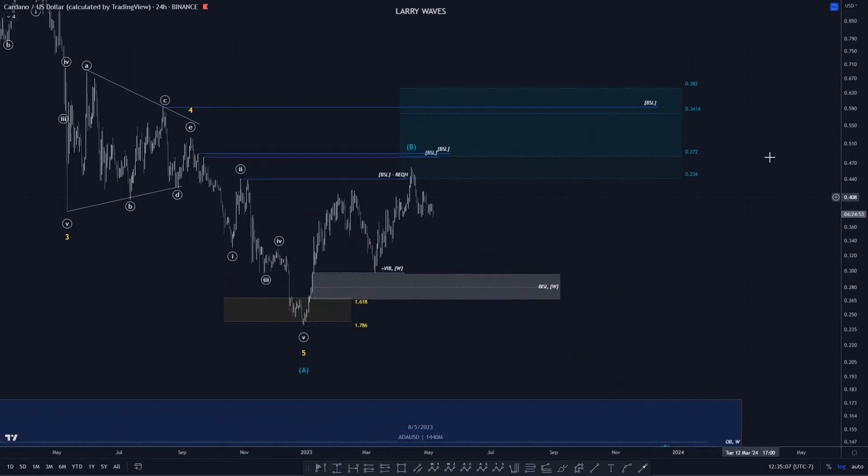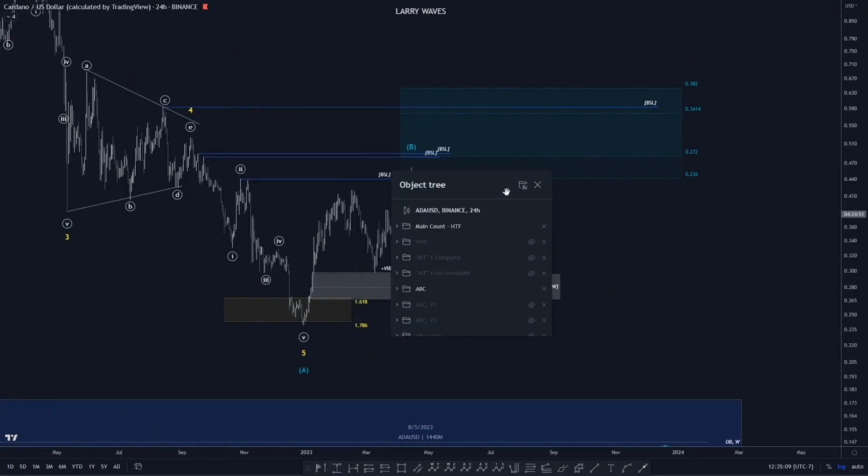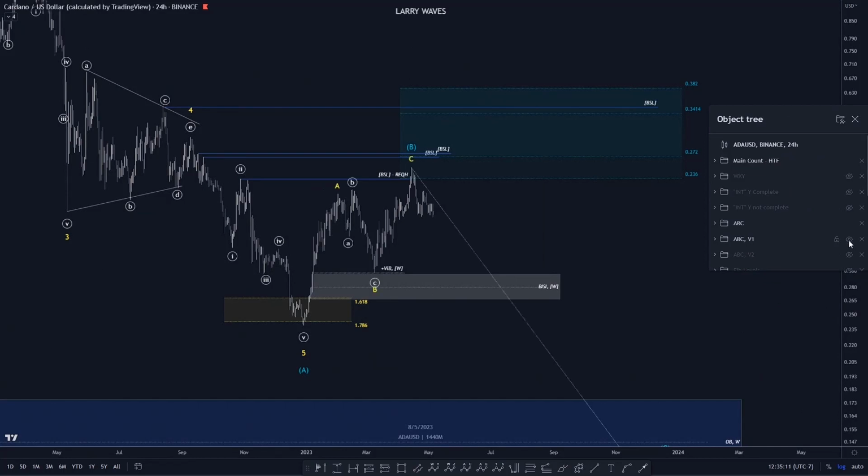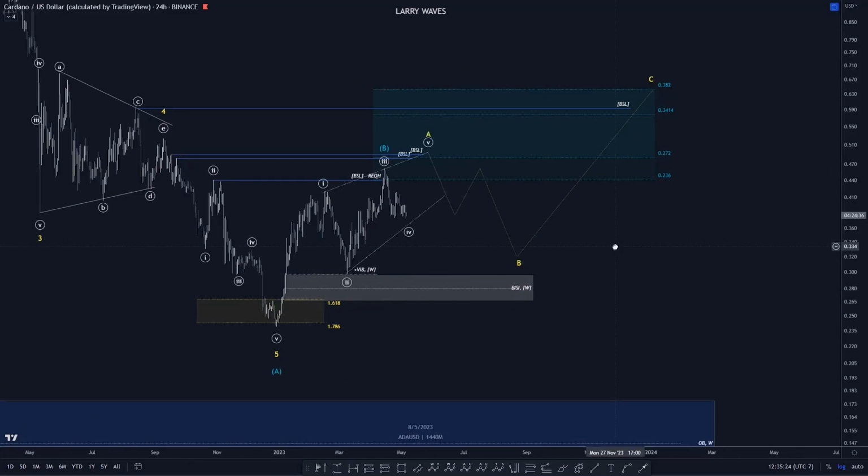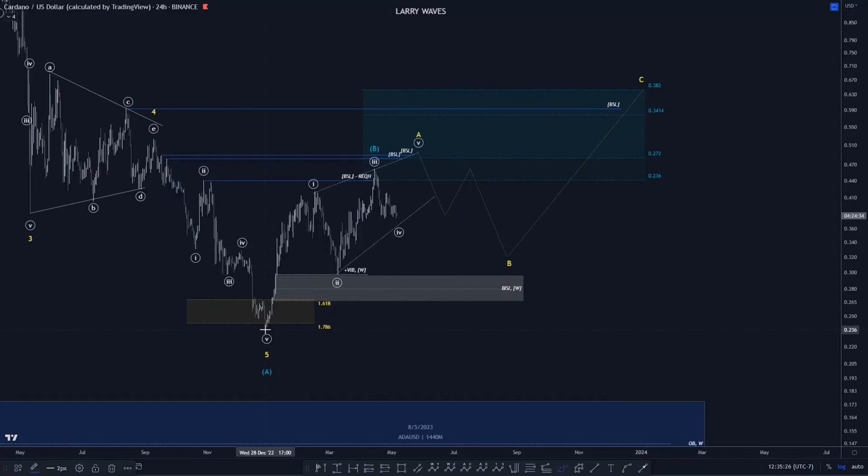Whether this B wave is done or not done, there's two options. Like I said, it could be done as an A, B, C, just like with the other count. If it's not done as an A, B, C, same thing. We're looking for a potential diagonal through a pullback for a B, and then a push up for a C. It just depends really if we continue pushing down or if we do take this high right here.